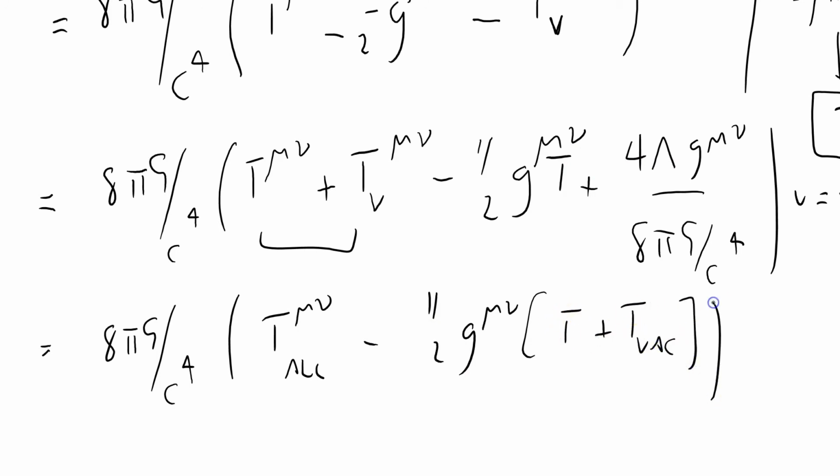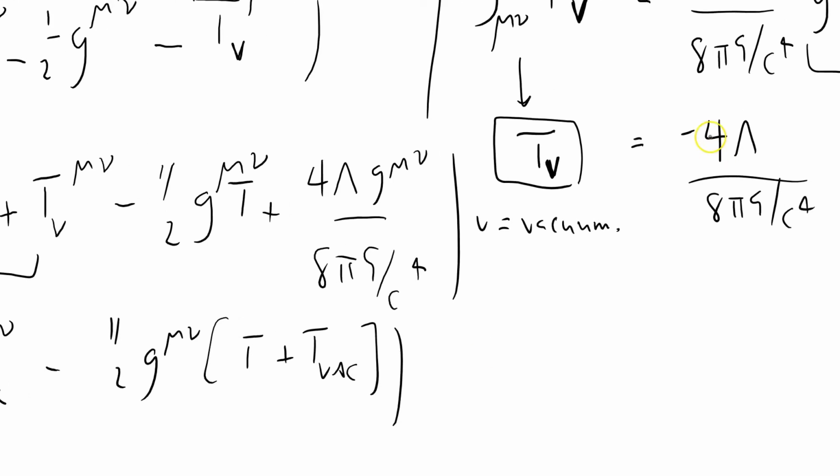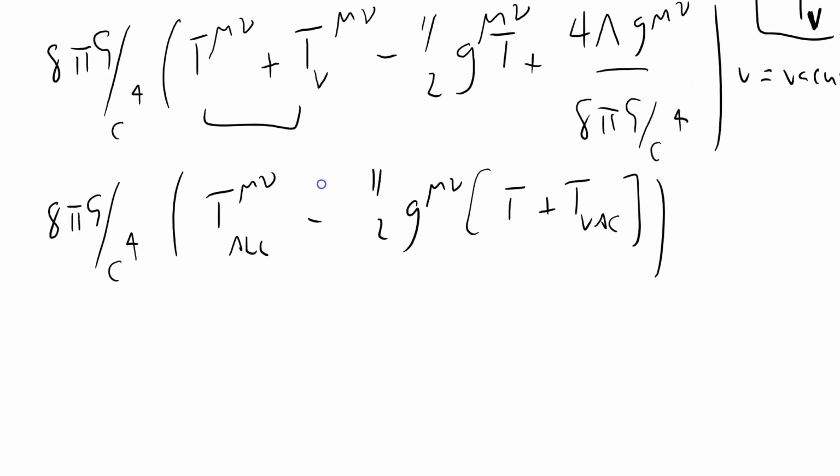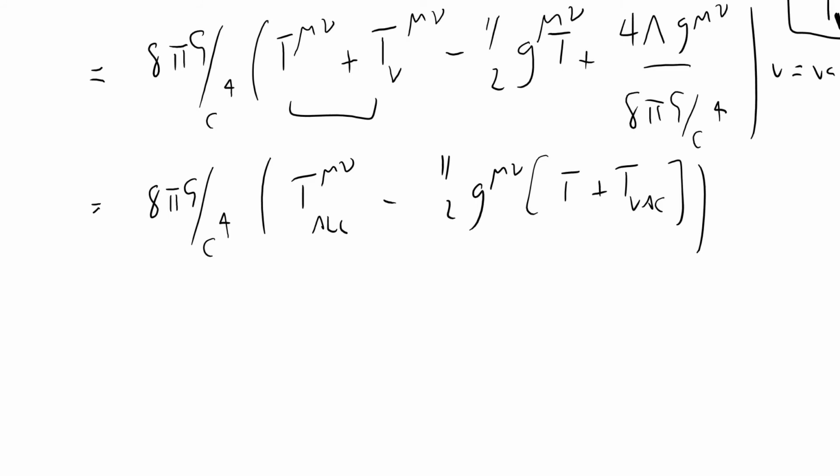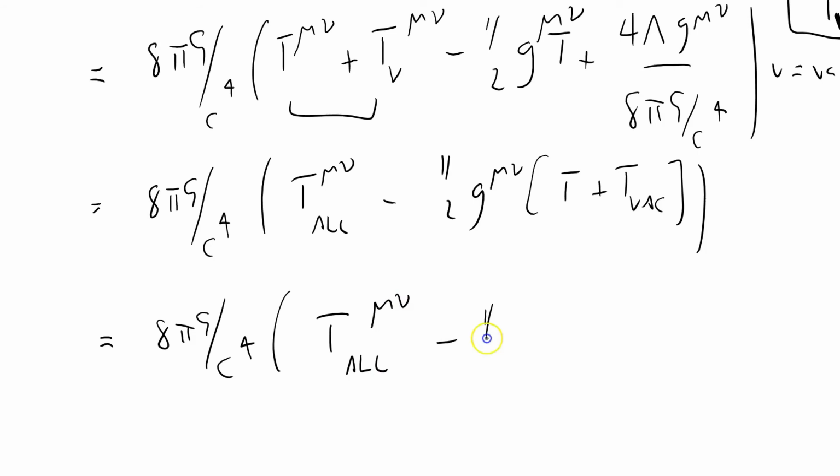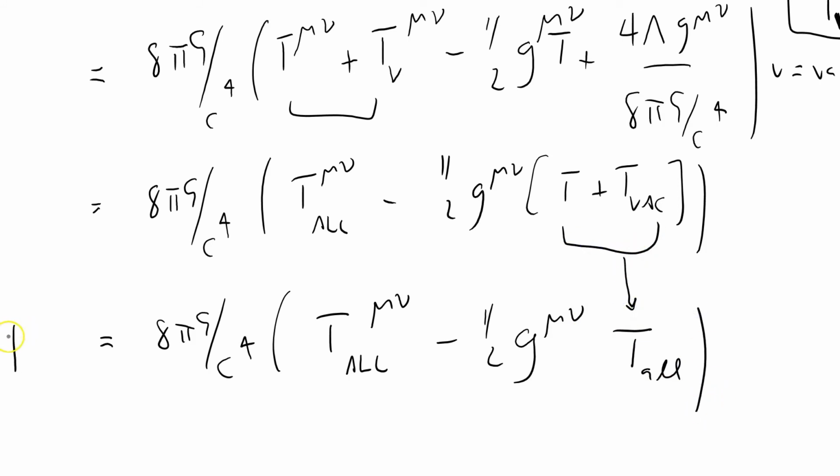Correct by definition, because all I'm doing is using this form here. Took a little bit of time to get my brain around this. Equals 8 pi G over c to the power 4 T, everything together, mu nu, minus a half g mu nu T all, which is these two terms added together. And the left hand side was R mu nu.